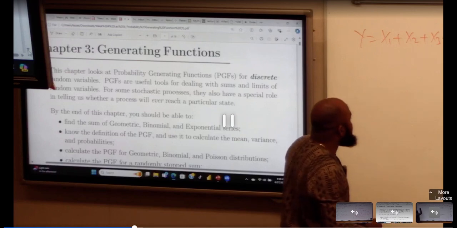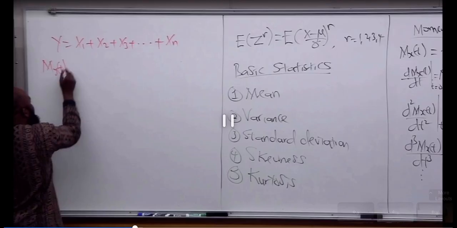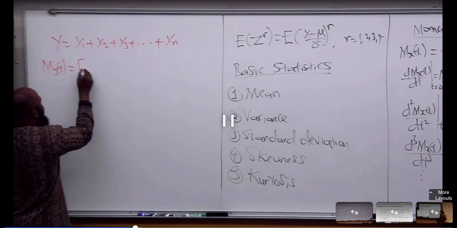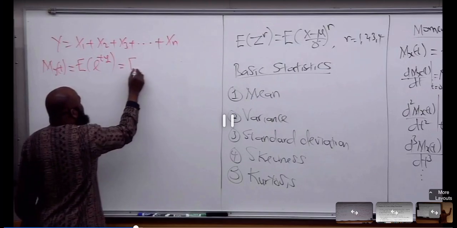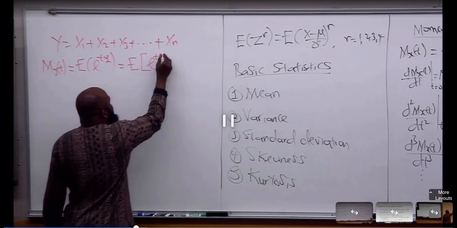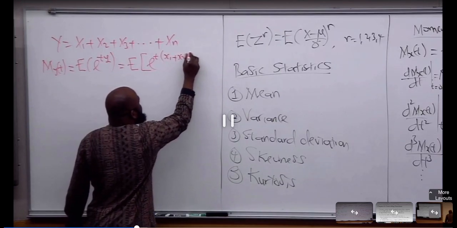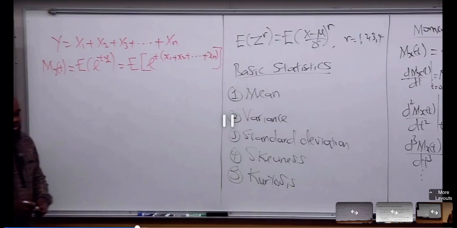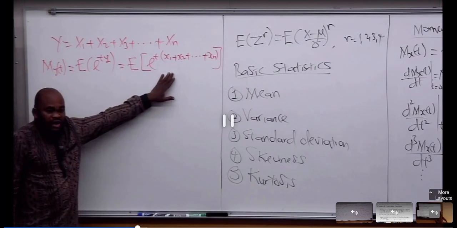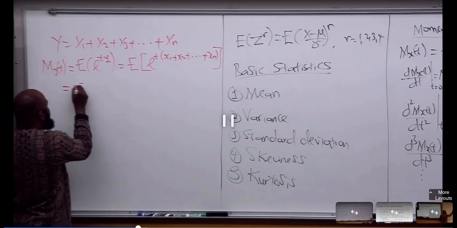If I want to do this, this M_Y of t here is going to be the expectation of this guy, Y, right? Which is going to be this, t, what is my Y? It is X1 plus X2 dot dot dot until I get to Xn. I just wanted to take a look at what I have here. So let's take a look at this guy right now.